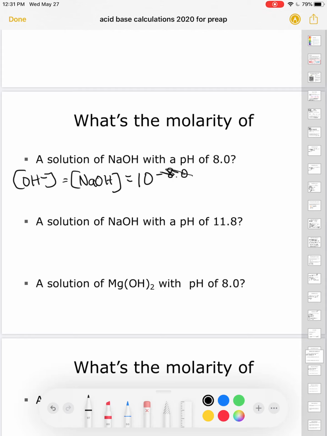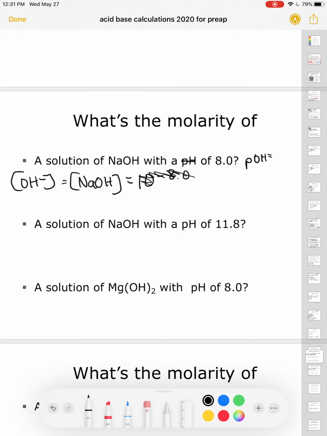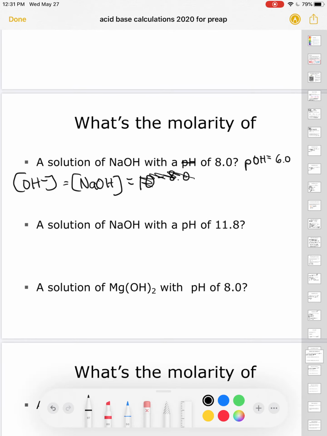I made a mistake, because I gave a pH here, not a pOH. So that means if my pH is 8.0, my pOH is 6.0. So it's going to be 10 raised to the negative 6.0. So my concentration is going to be 1.0 times 10 to the negative 6 molar.